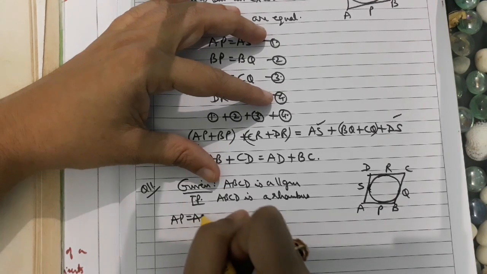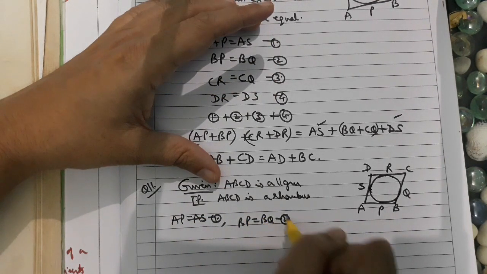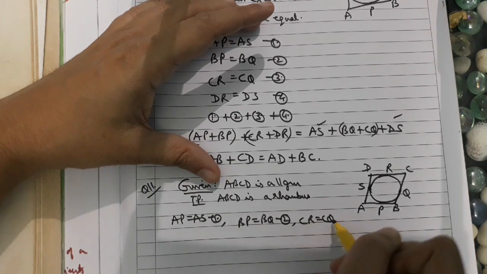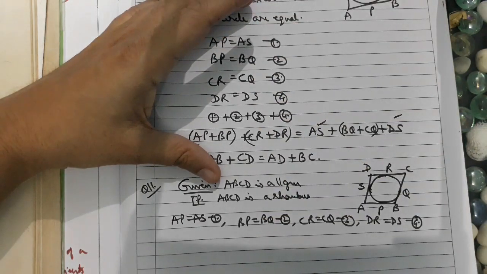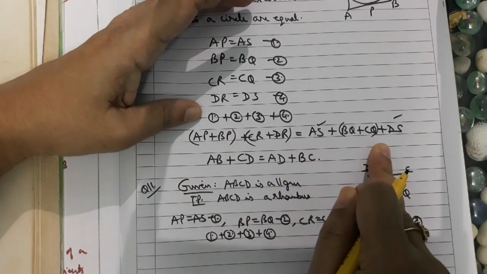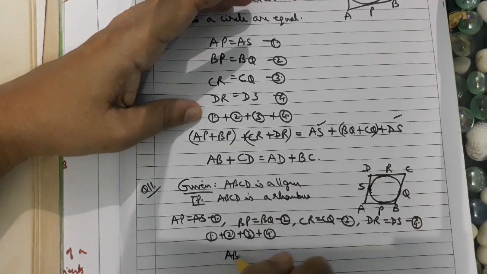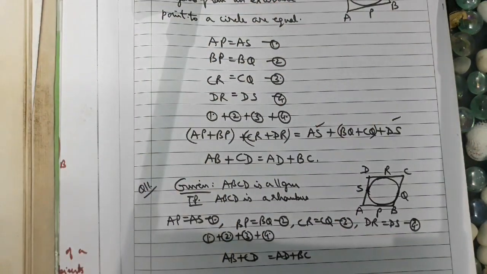So AP is equal to AS, BP is equal to BQ, CR is equal to CQ, DR is equal to DS, like we have done in the previous question. Then we add these four equations, and on adding in the same way, we obtain that AB plus CD is equal to AD plus BC. Till here it is exactly the same as we have done in the 8th question.